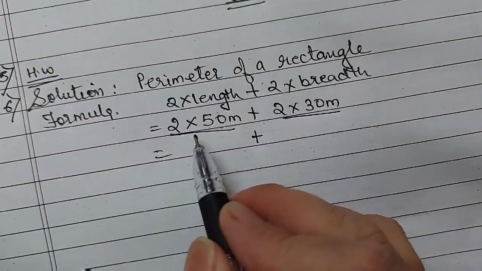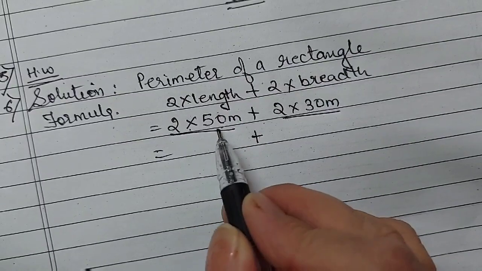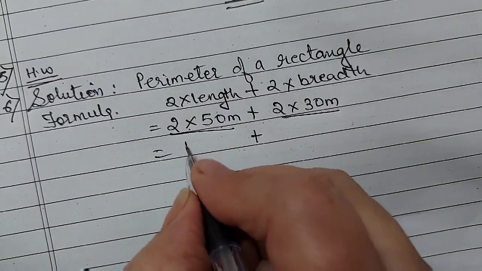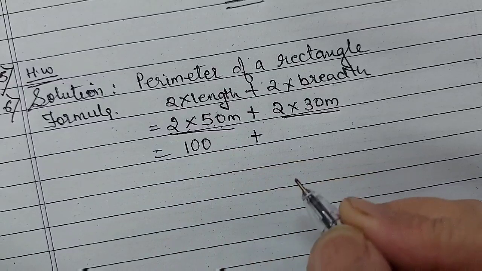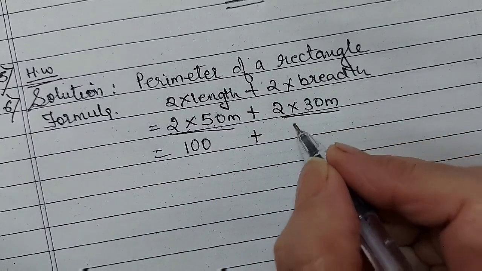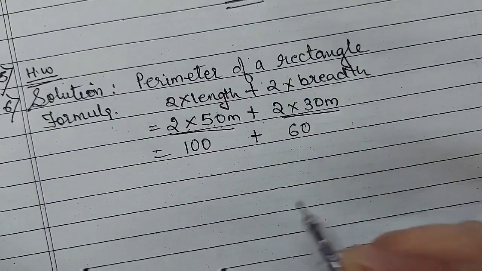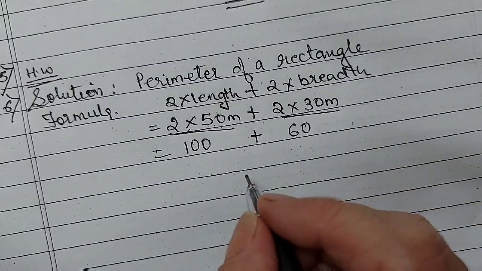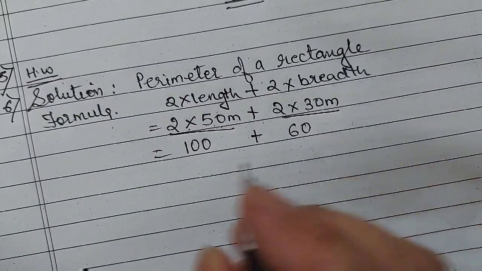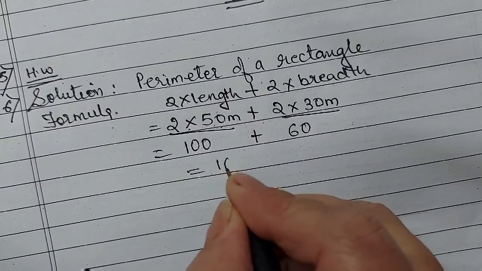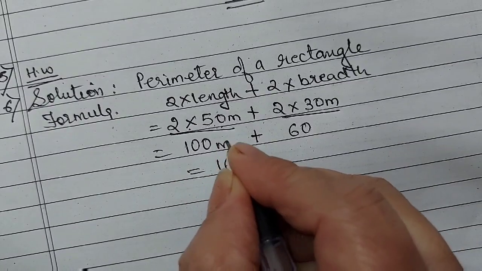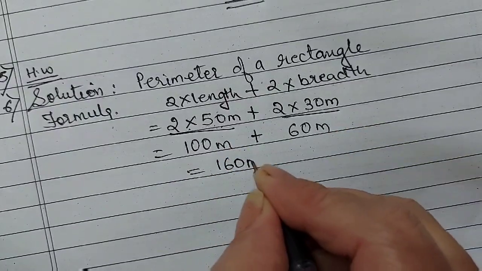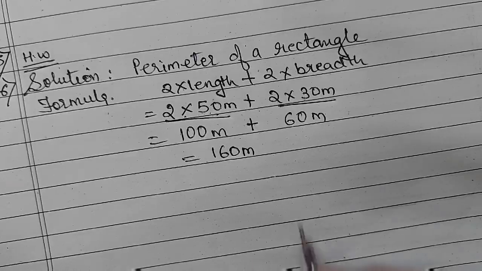First 2 numbers are there, multiplication sign is there, multiply that. 2 5s are 10, bring down 0. 2 3s are 6, bring down 0. This is what? 100 plus 60 is equals to 160. Now these are meters, no? So we have to write here 160 meters.